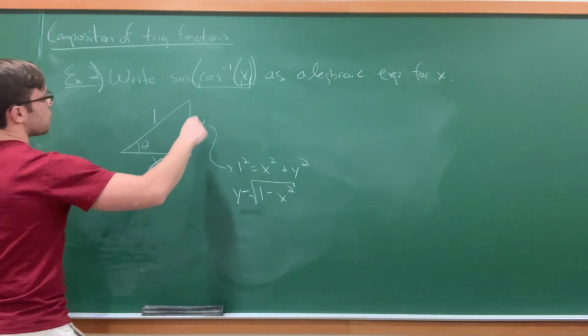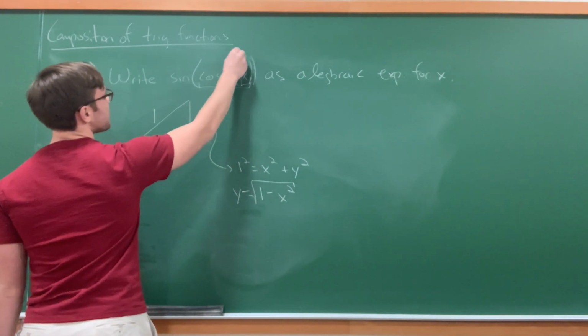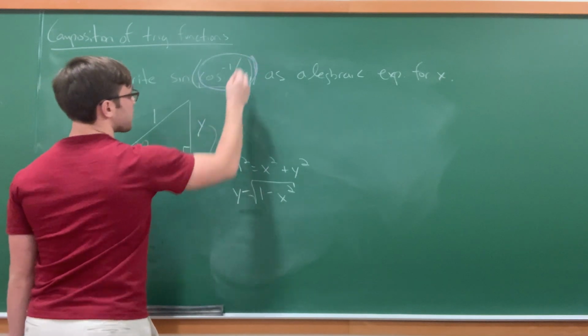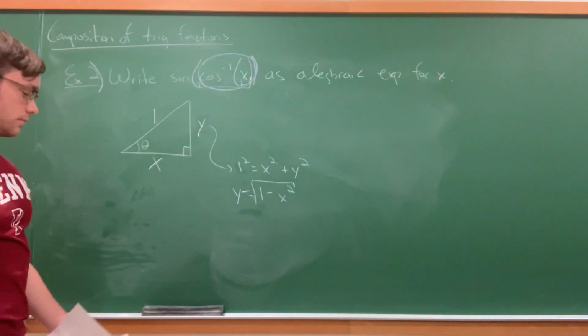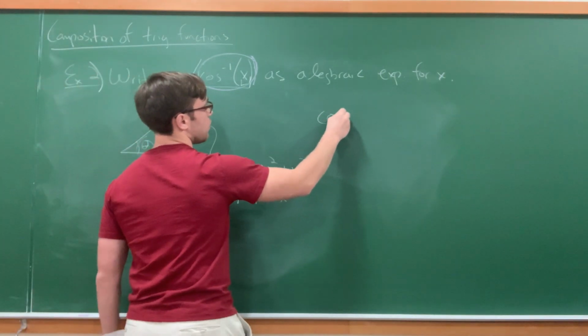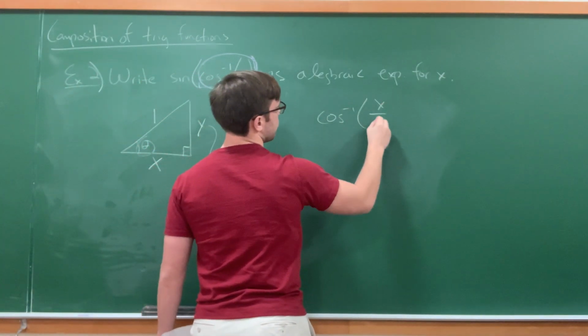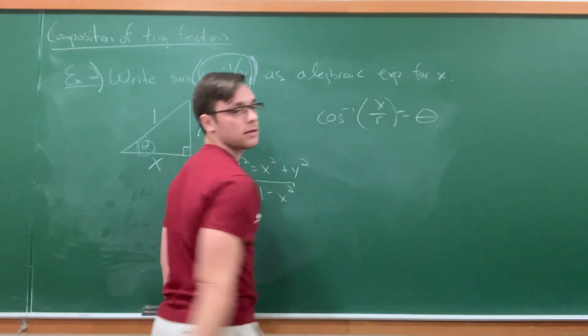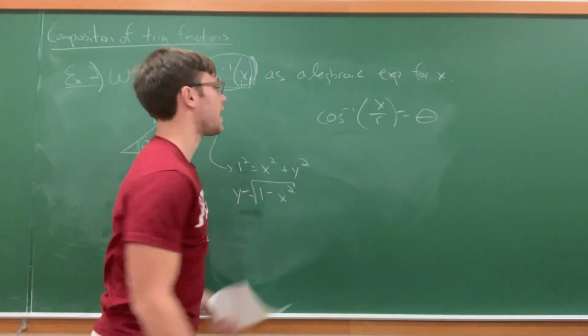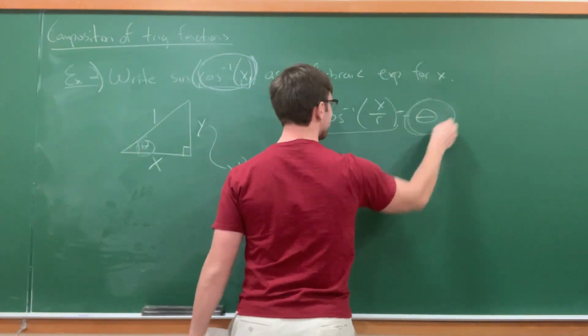And now the question is, what is the sine of, remember this? What is inverse cosine of x is the theta measurement. Remember we had cosine inverse of x over r equals theta? That's telling us that the cosine inverse, when you input the side length, is theta.